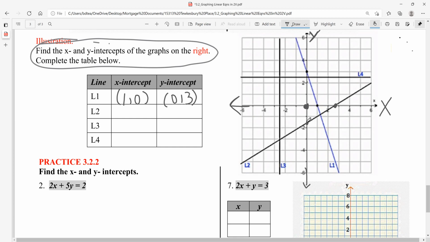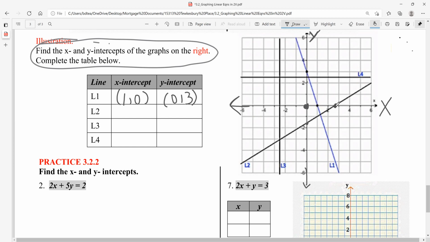I think that it's not quite half, so we'll say this is negative 1 3/4, 1.75. That's what I'm going to guess. We're just estimating here. On line 2, we're going to say that this is maybe 2 3/4.